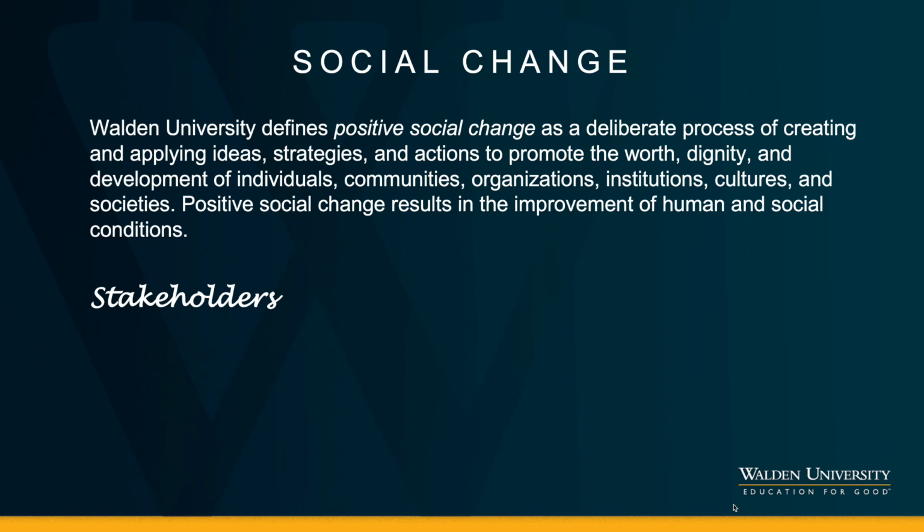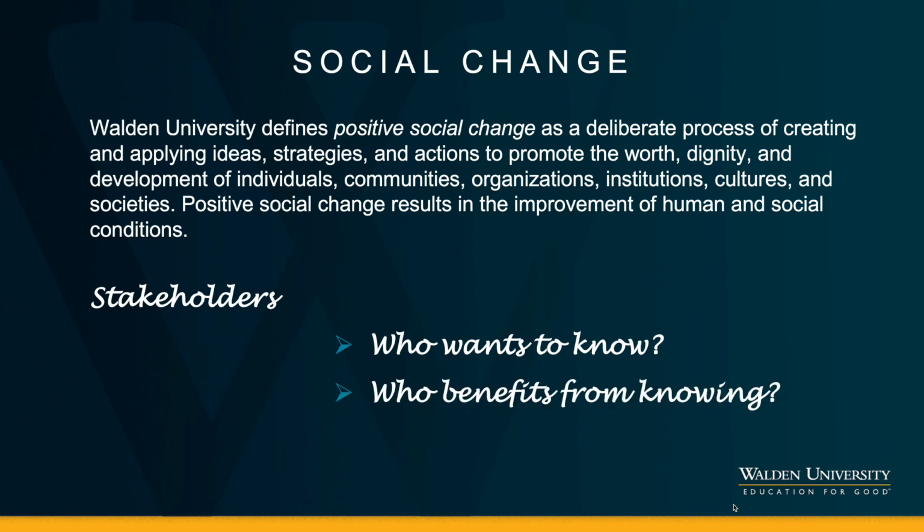And what I mean by that is there are 2 aspects of stakeholders that we should remember when we interpret statistical results. Who wants to know about these results, and who benefits from knowing?